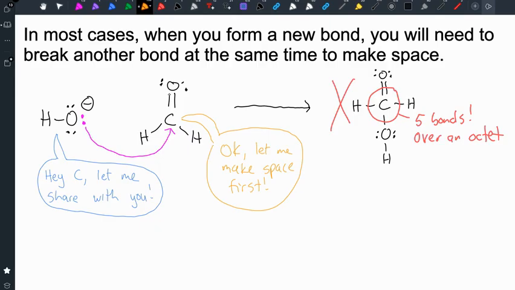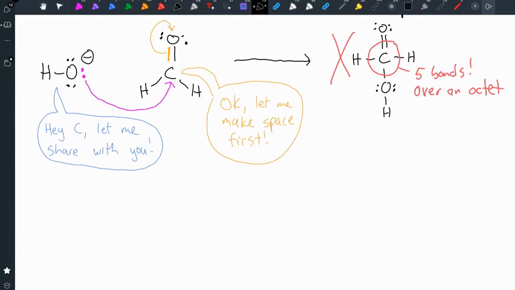And how is it going to make space? It's going to make space by taking one of these two bonds and moving it up onto the oxygen over here. So what will that actually give me?